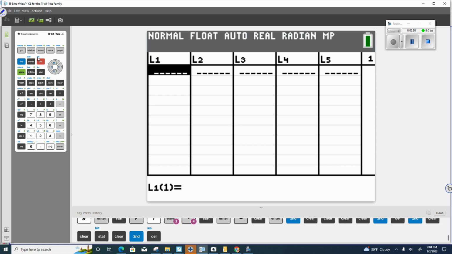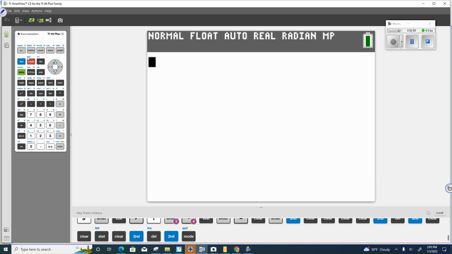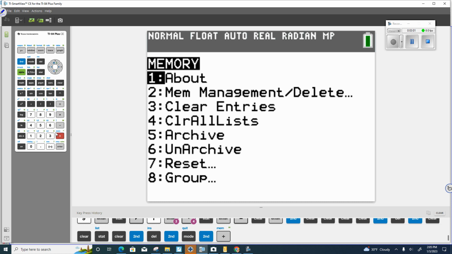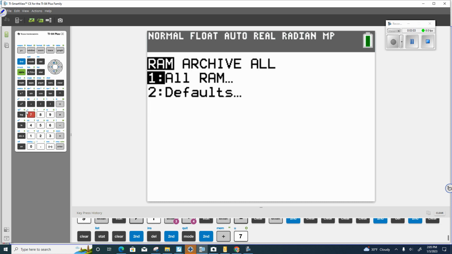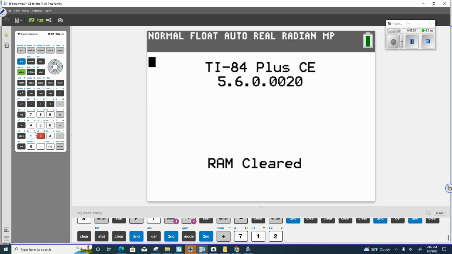My calculator's frozen. Oh, there we go. Second, plus 7. If you do it too many times, it jams it. So if we did this every class, every student, it's not the best for the calculator.